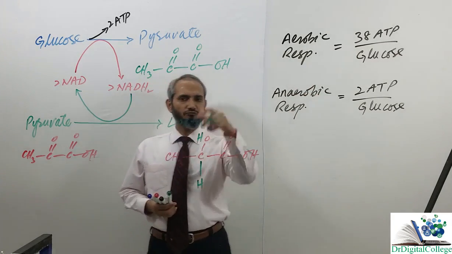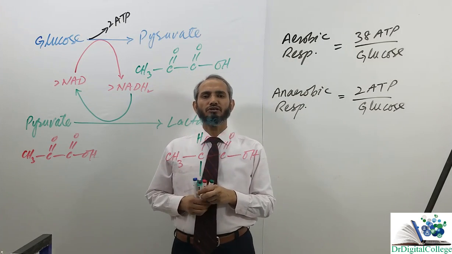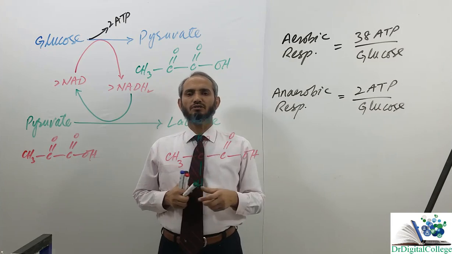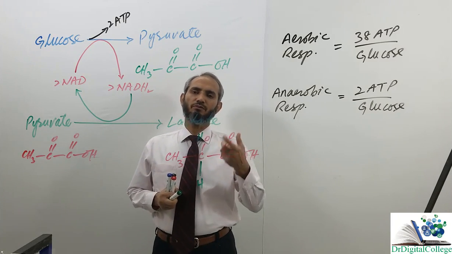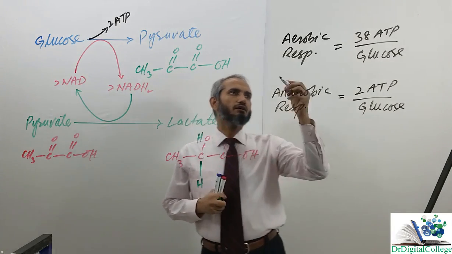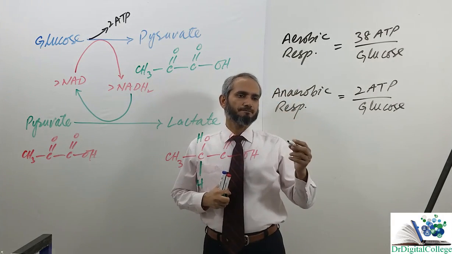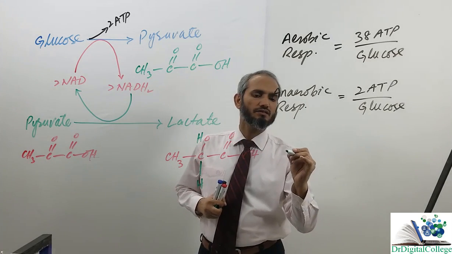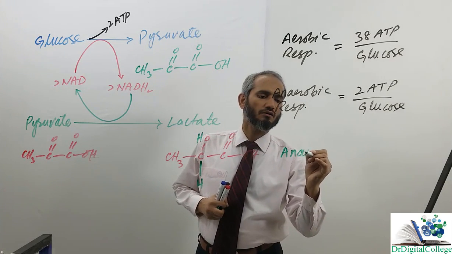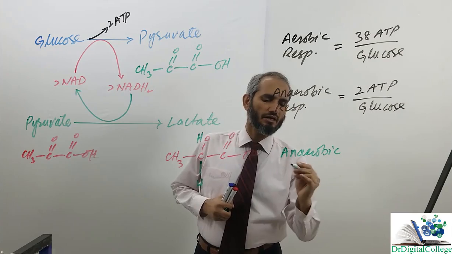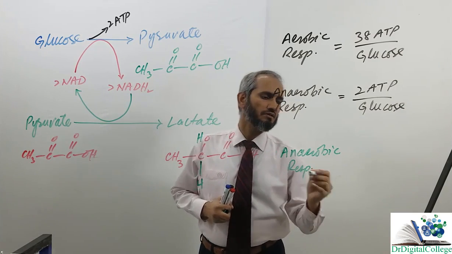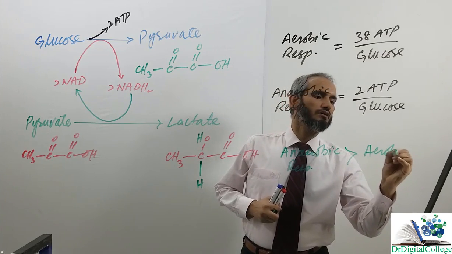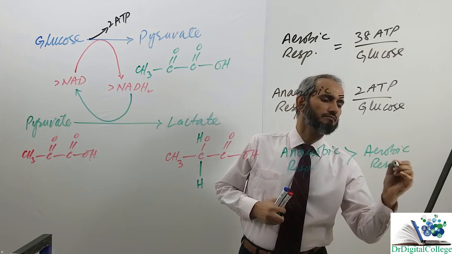But let's have a different view. If we talk about energy efficiency as the number of ATP molecules, or the number of moles of ATP produced per unit time, in case of aerobic respiration it is here, and in anaerobic respiration it is greater than aerobic respiration.